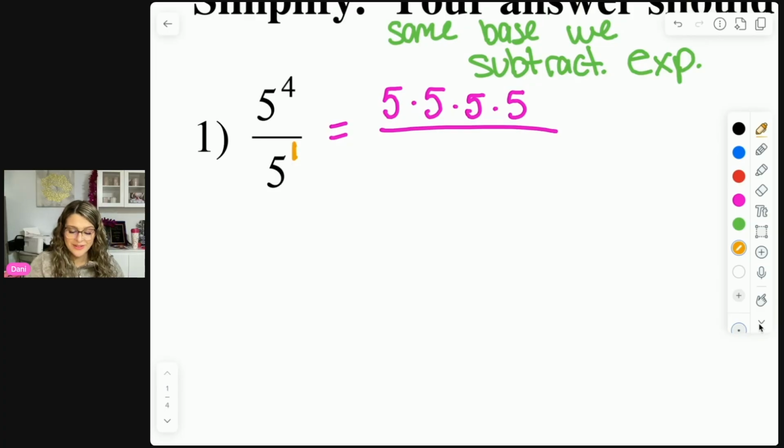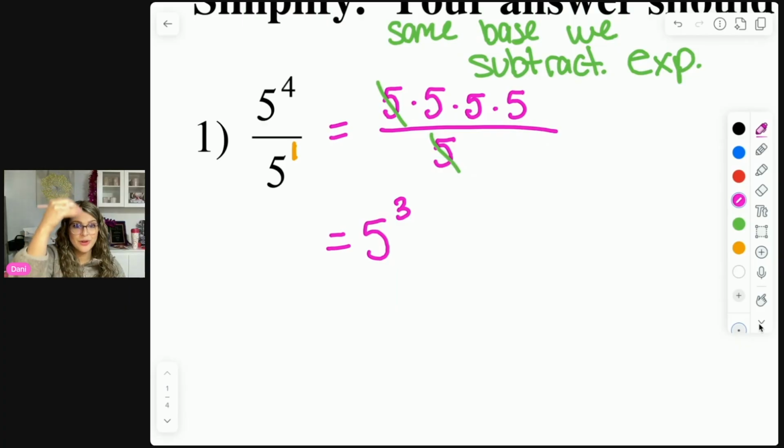I do like to write that little 1 exponent. When you have the same thing divided top and bottom, it's really like you're canceling out to a 1. So we are left with 5 to the 3rd power, since 4 minus 1 is 3. Life is good. You can simplify that out to 125 if you really want, but we mainly want to focus on practicing these problems.